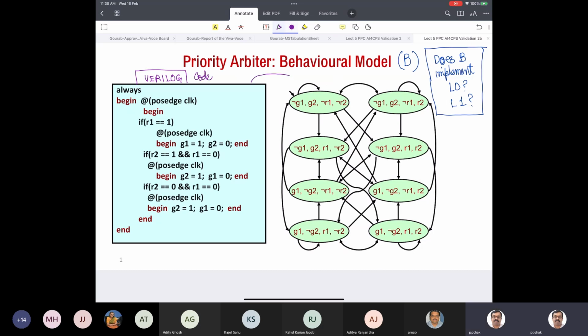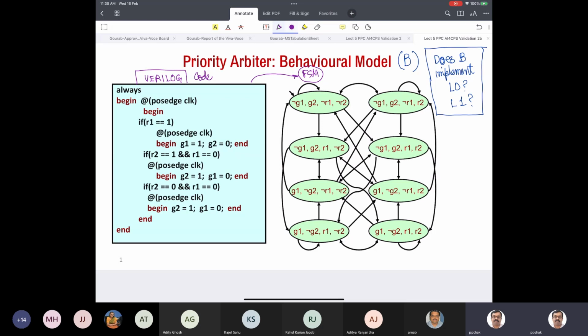This code can be converted to a finite state machine. There are automatic methods to take code and convert it to a finite state machine. And then if you check the model on the finite state machine or on the code, you can do model checking to check that this implementation correctly implements the specification.